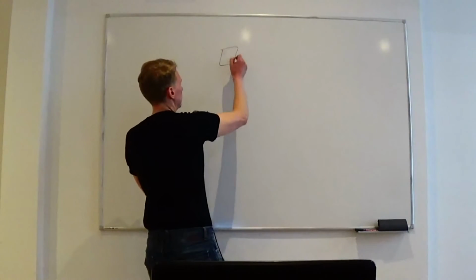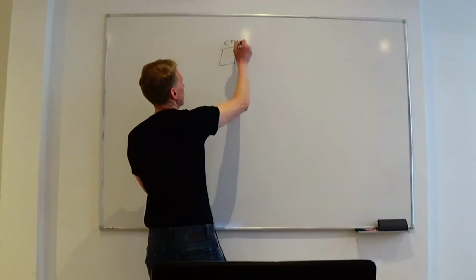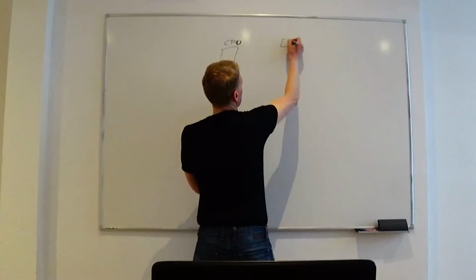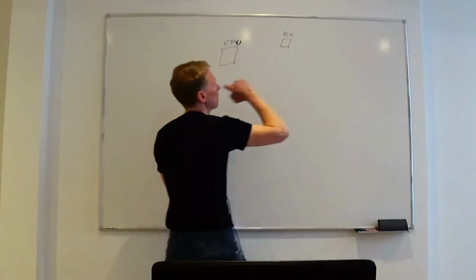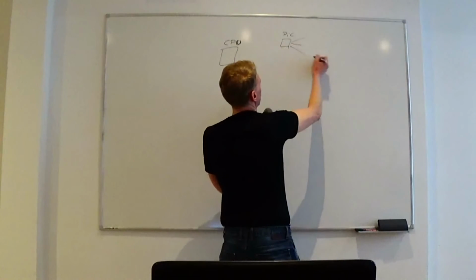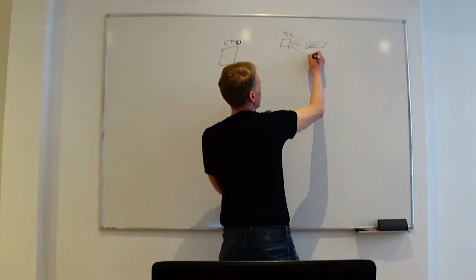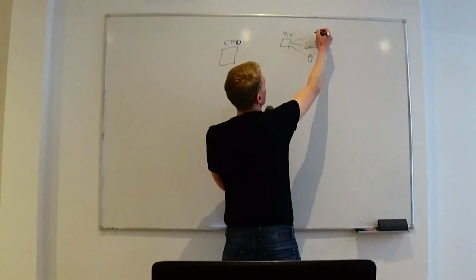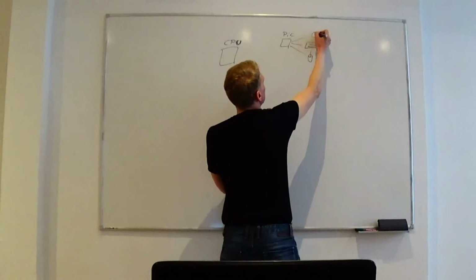So if this is your processor, and here's your programmable interrupt controller, and this is connected to, for example, the keyboard, also the mouse, and also the hardware clock.